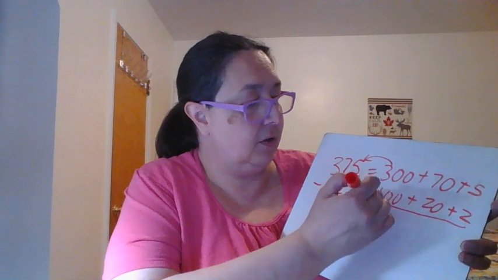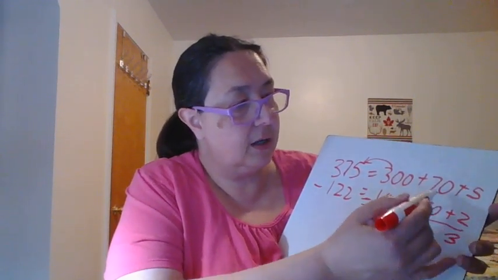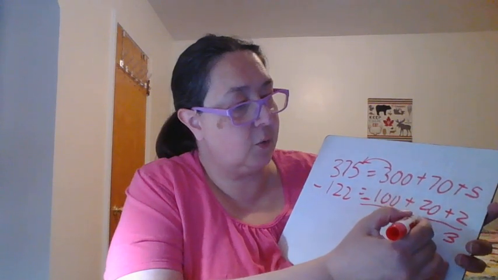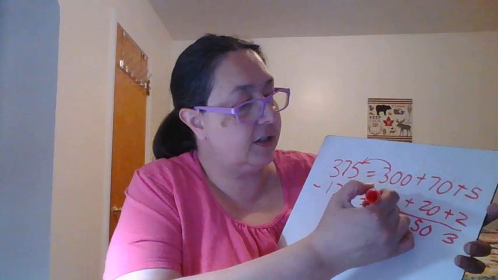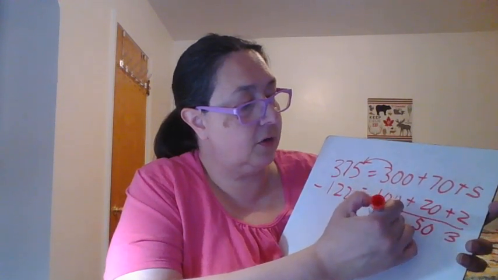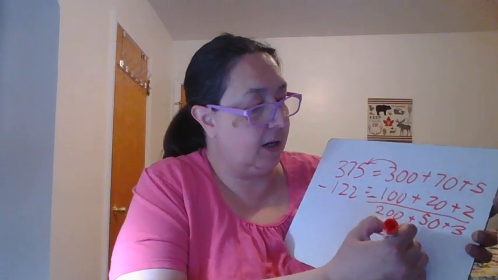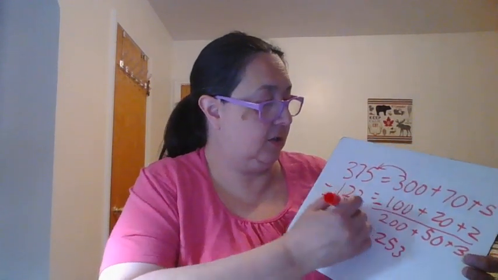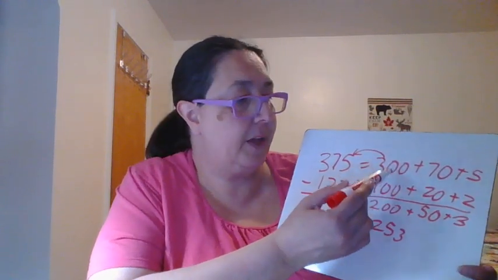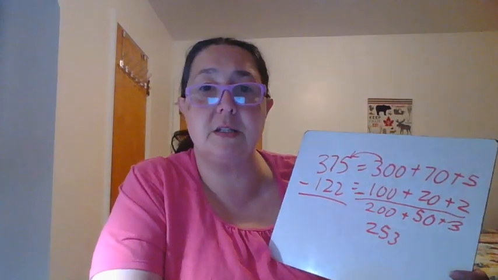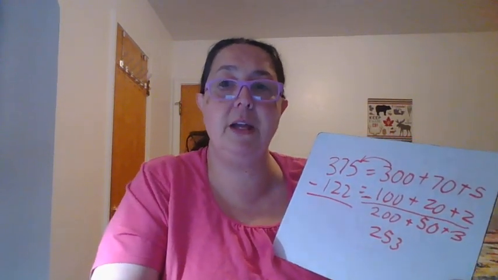Now I can do the subtraction. 5 take away 2 is 3. 70 take away 20 is 50. 300 take away 100 is 200. Then I add these together and have 253 as the answer to this problem. So when I say do the expanded form, that's what I mean: breaking up the numbers like this. You do what is best for you and the way that you understand it best. Go ahead and finish your math today.